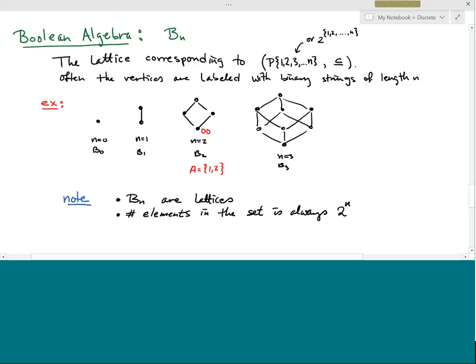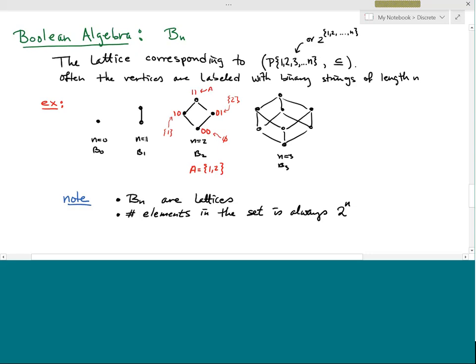So in the binary string encoding, you have 0, 1 and 1, 0, and notice that totally corresponds to your subsets of cardinality 1, like what we talked about last time. Then the top element of this Boolean algebra is the entire set A. Well, if we encode this with our characteristic function, our 1s and 0s, our Boolean string, this would be 1, 1, and that would be the total set A.